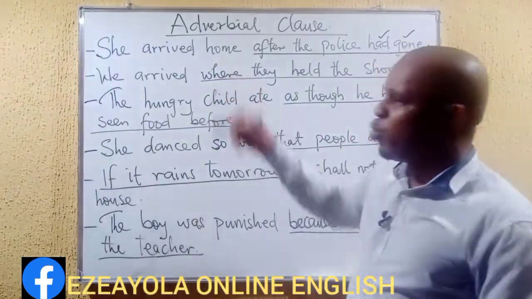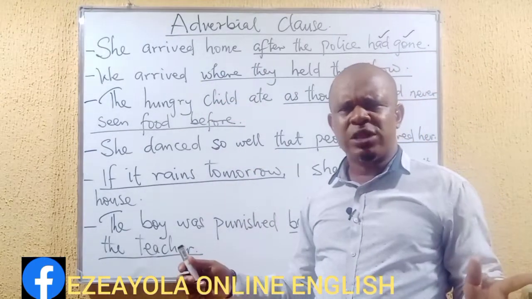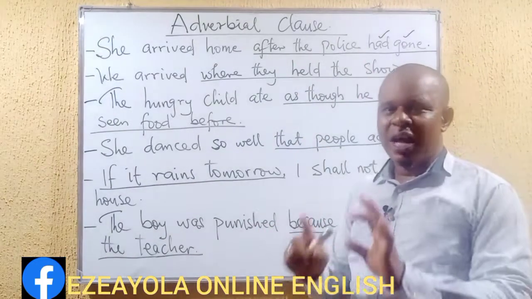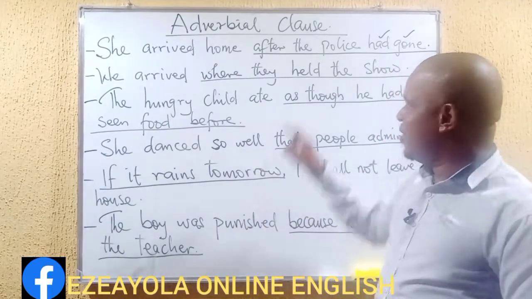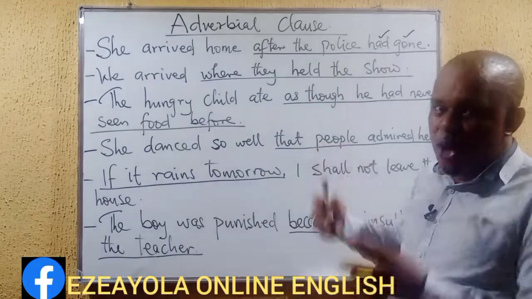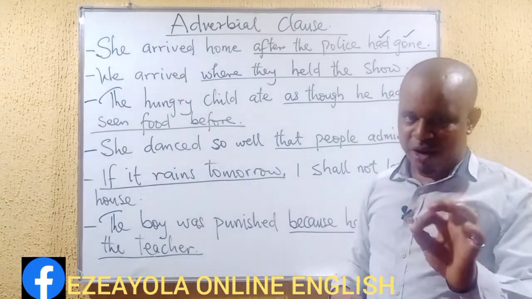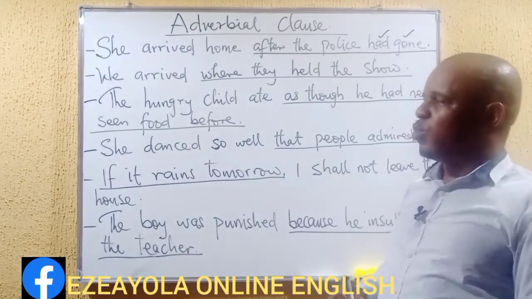We could ask a question under this expression, when did she arrive home? When was that? And the answer is, after the police had gone. Our answer tells us that the expression is an adverbial clause of time, because adverbials could answer the question when.